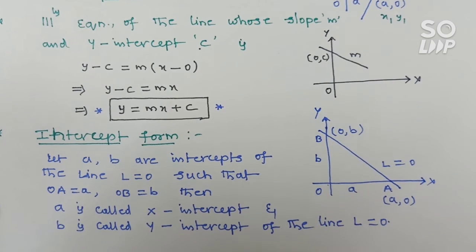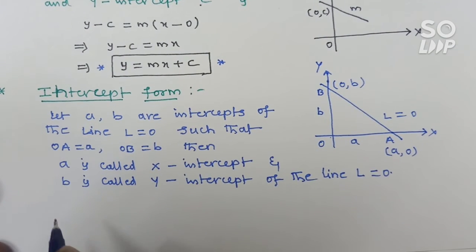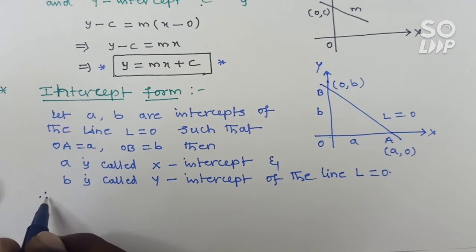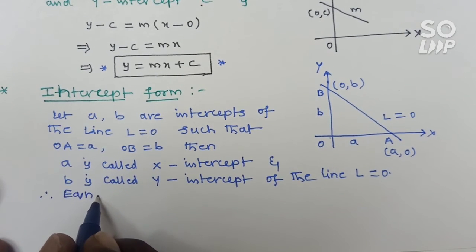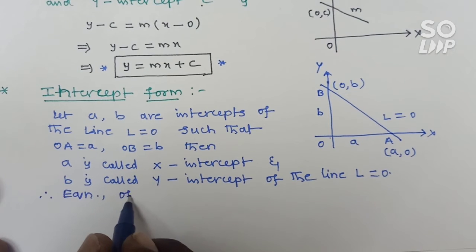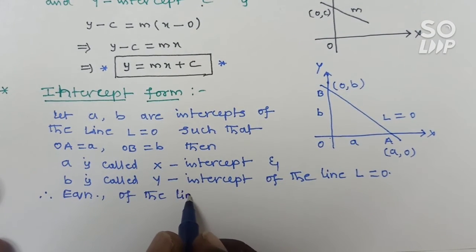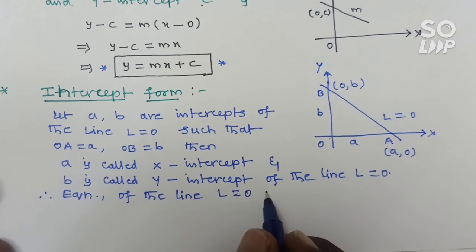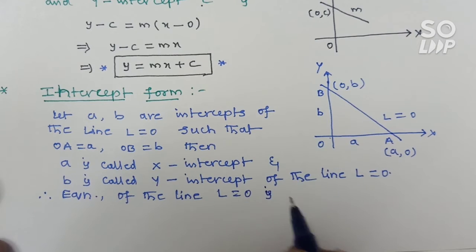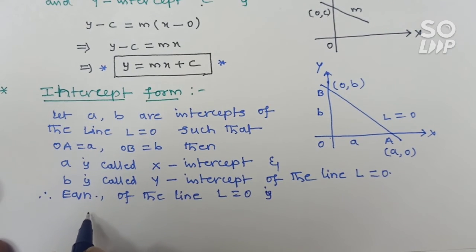Now you apply the two-points formula. Therefore the equation of the line L = 0 is by applying the two-points formula.